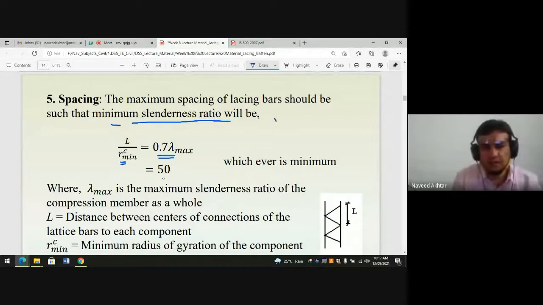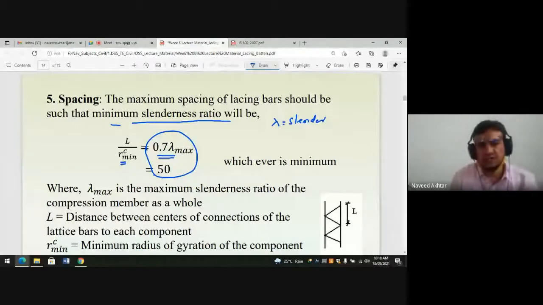Lambda is the slenderness ratio you calculated for the lacing bar. Or 50. तो इन दोनों वैल्यू में से 0.7 times of lambda or 50, whichever is minimum, is the spacing of the lacing bar we have to consider.